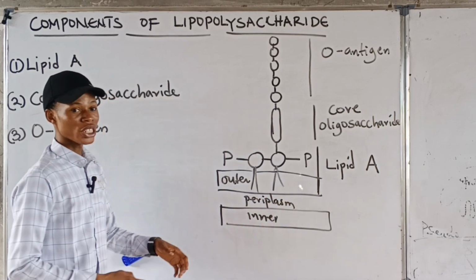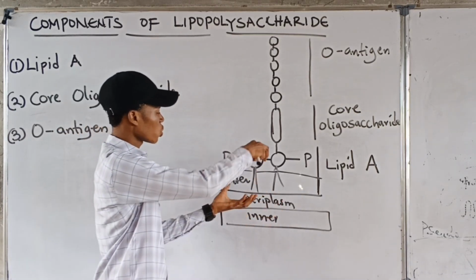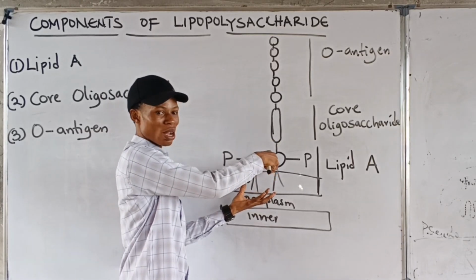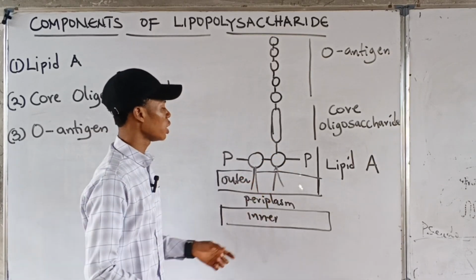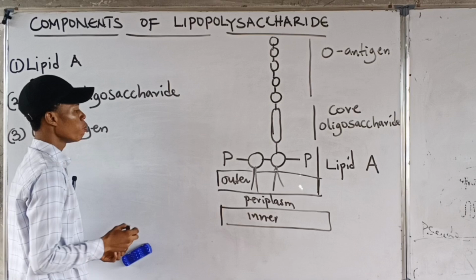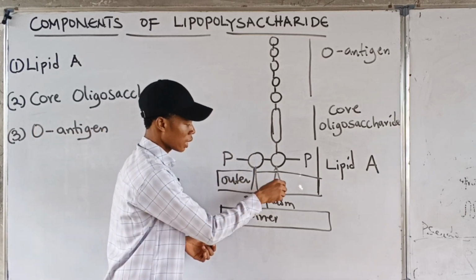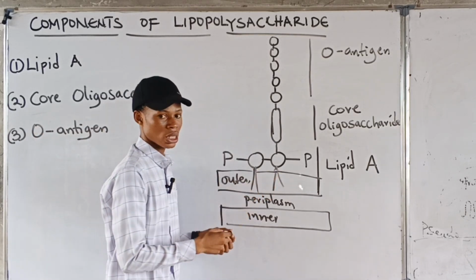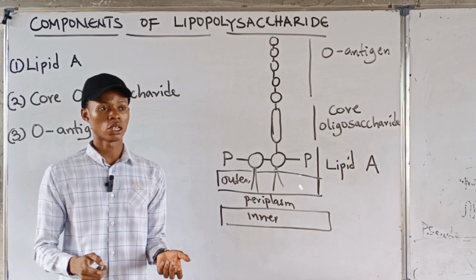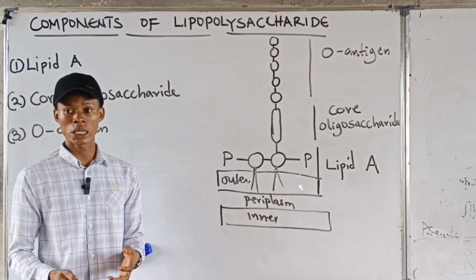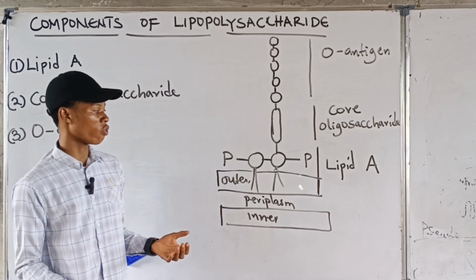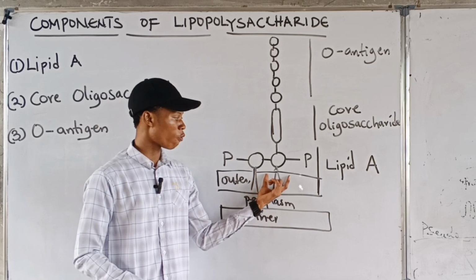Now, lipid A is fused into the outer membrane. The lipid A is actually a hydrophobic region, because this is a fatty acid chain. And you know that fatty acids are not water soluble, right? They are not water loving. So we say they are hydrophobic.